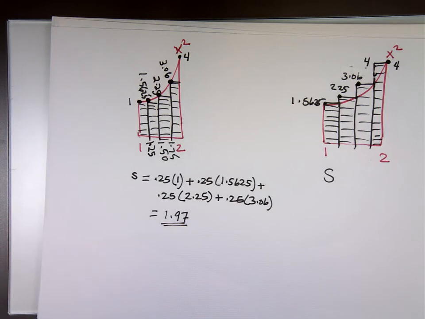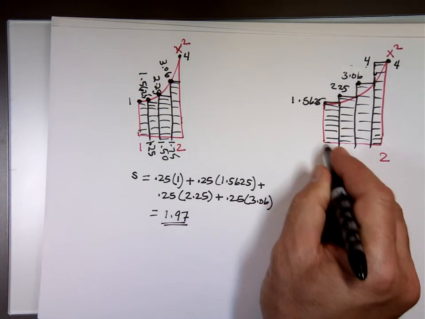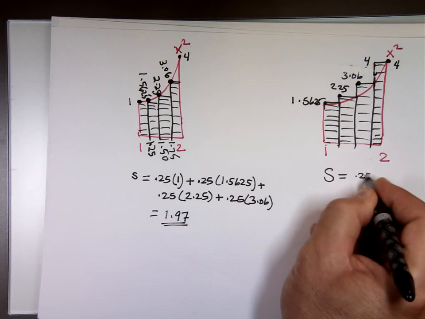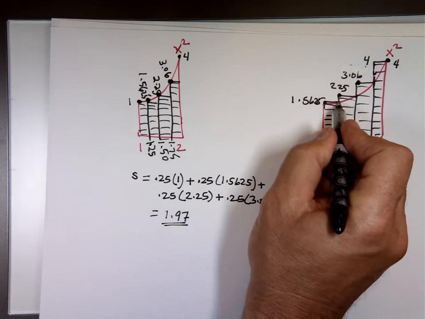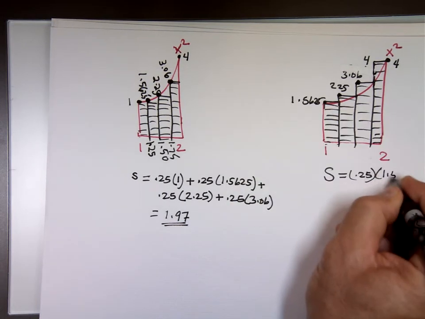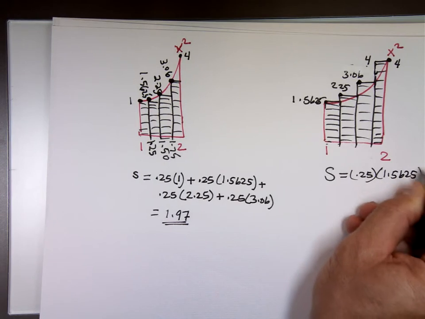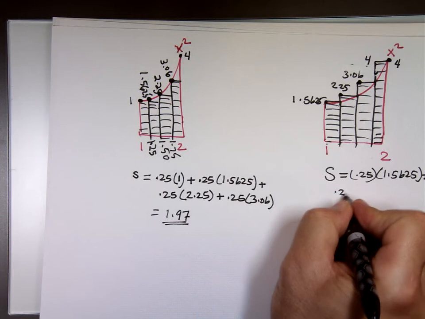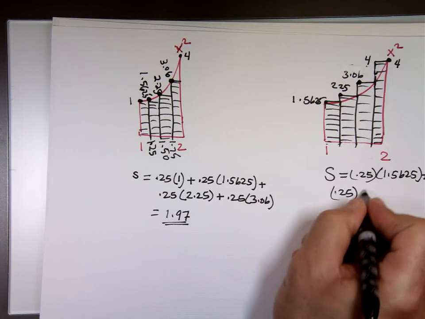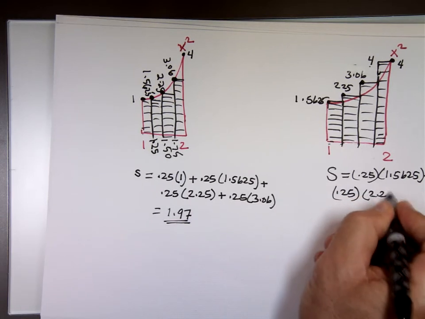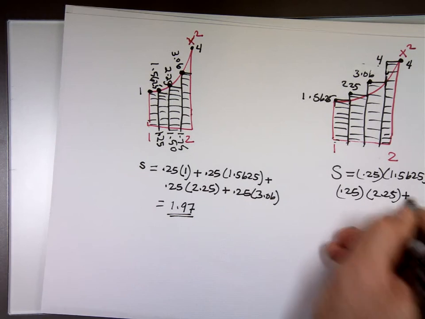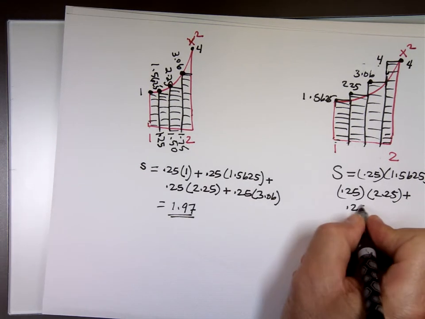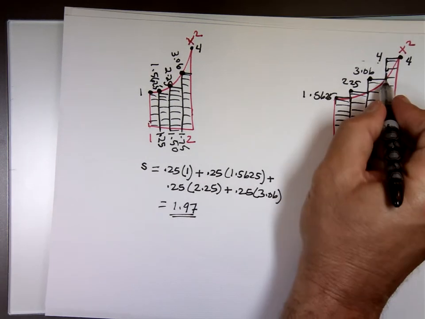What's the upper sum? This is 0.25, and what's the height here? 1.5625. Plus the next piece right here, 0.25 times the height, which is what? 2.25. Plus 0.25 times the height here, which is 3.06.